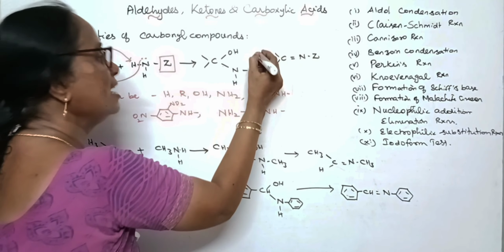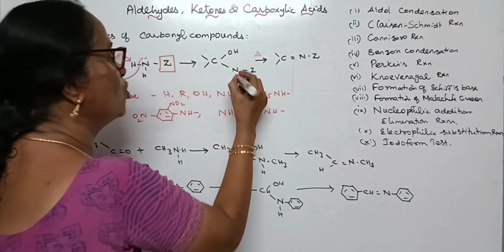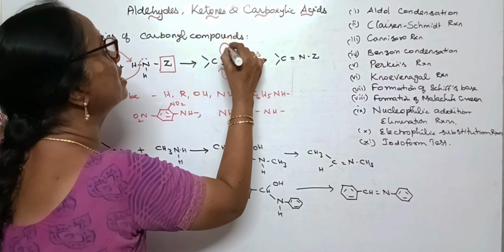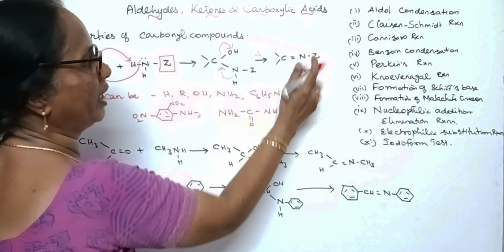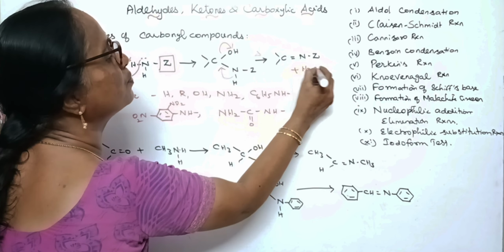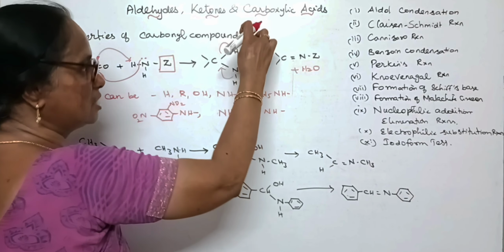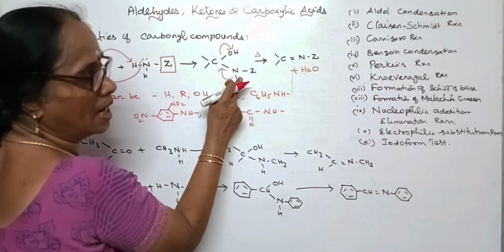Now, when this compound is heated, there is a movement of proton from the NH group towards the OH group. So there is a formation of H with the OH, and water is produced. As a result of the movement of hydrogen from NH towards OH, there would be a double bond between carbon and nitrogen.